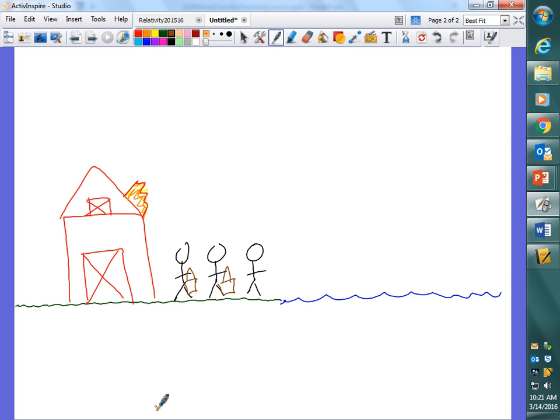In this case, the water is playing the role of energy. In order for us to do the stuff that we need to do, put out the fire, the water needs to get from the pond to the barn.